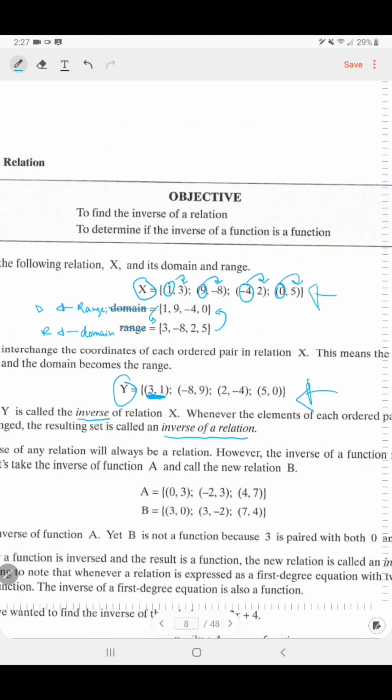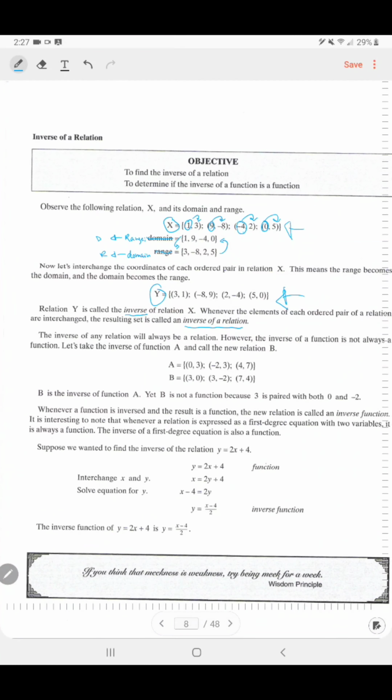So you see here, they flip places. 9 and -8 flip places. -4 and 2 flip places. 0 and 5 flipped places. That is called inverse of relation. So here, you can make a note: flip X and Y values. So that's inverse of relation.